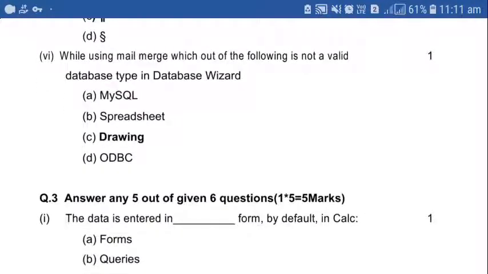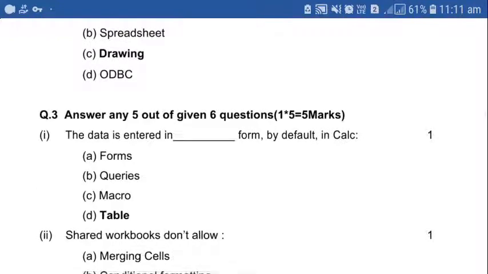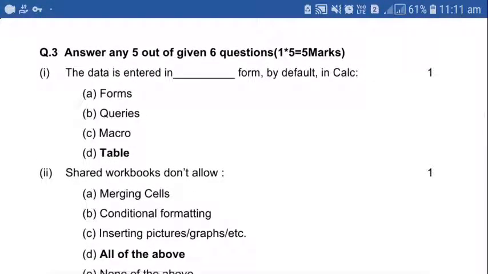Number 6. While using a mail merge, which out of the following is not a valid database type in database wizard? So right answer is drawing. This is very clear. Now question number 3, answer any 5 out of given 6 questions and 1 mark carried by each question.